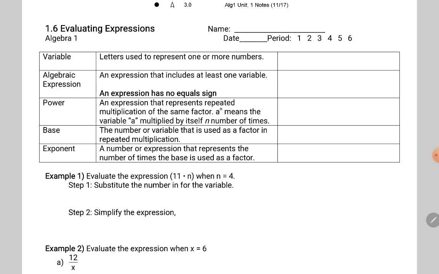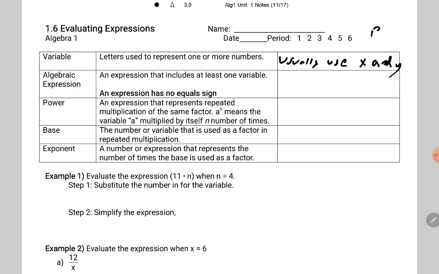So let's talk about the different vocabulary we're going to be using. Variables. When we're working with algebra, we're going to start introducing letters, not just numbers, into math. And these letters, also known as variables, are just to represent numbers. We usually use x and y for our variables.